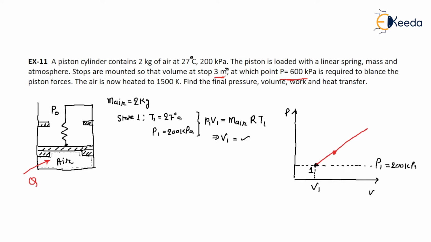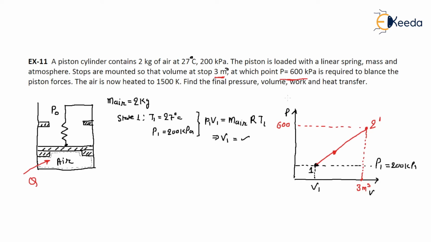Let's suppose this is your pressure 2 dash, at which there is 600 kilopascal, right? So this is your stop.